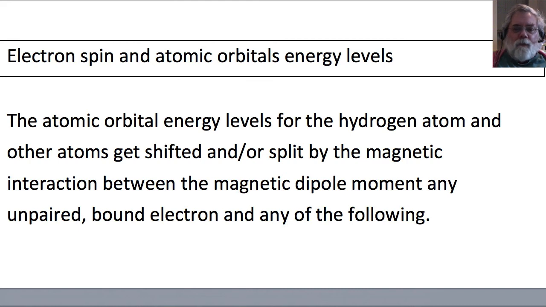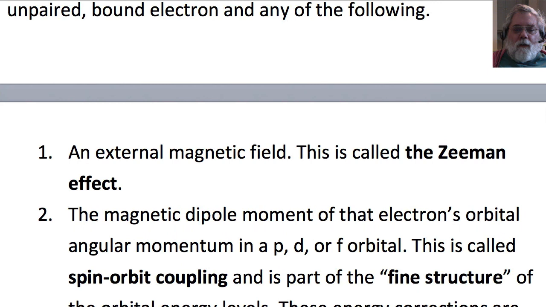The atomic orbital energy levels for hydrogen atom and other atoms get shifted and/or split by the magnetic interaction between the magnetic dipole moment of any unpaired bound electron and any of the following: an external magnetic field.